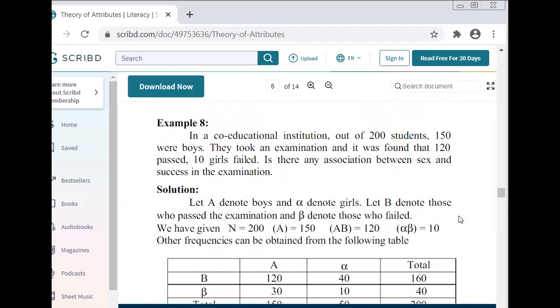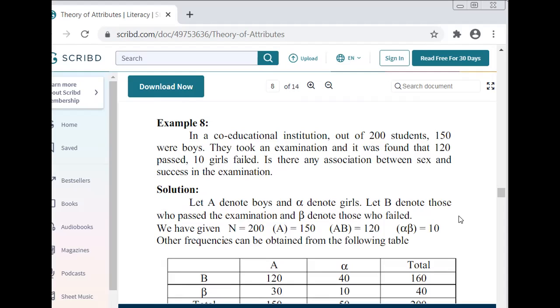After 150 boys, 120 passed, then 10 girls failed. Is there any association between sex and success in the examination? That means, is there any association between boys and girls?